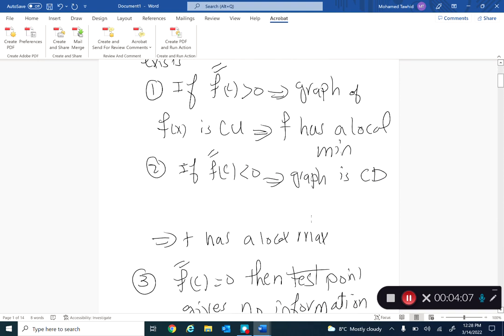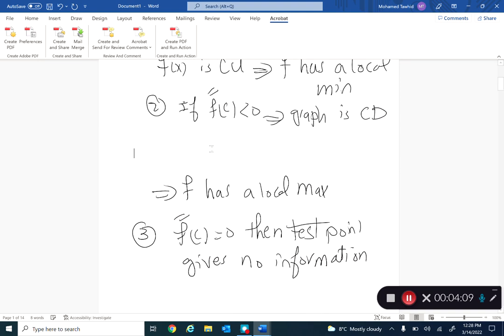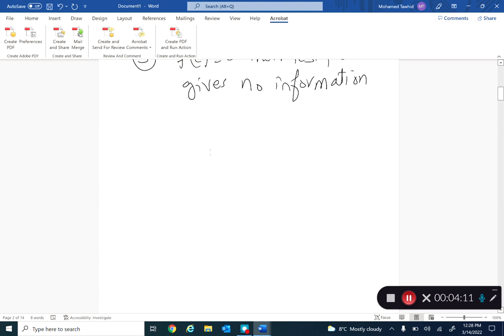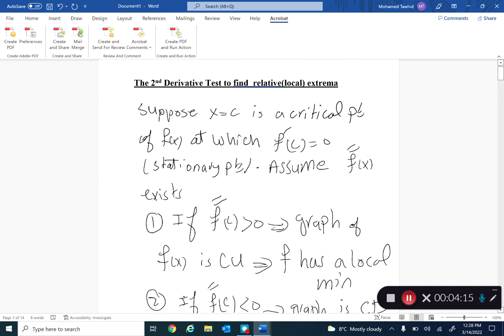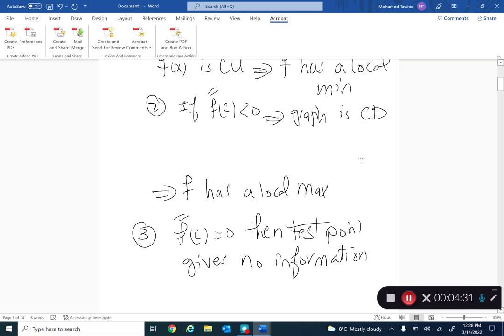The second derivative must exist. If the second derivative is greater than 0, the graph is concave up and you have a local min. If it is less than 0, the graph is concave down and you have a local max.